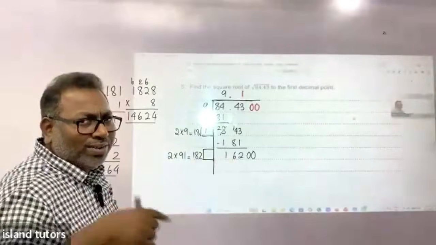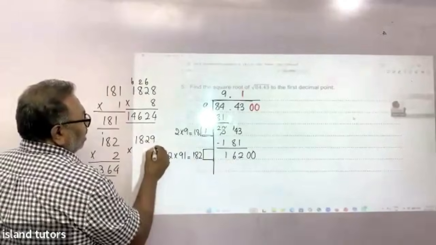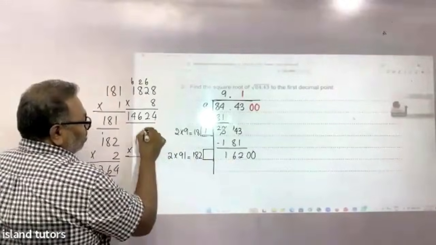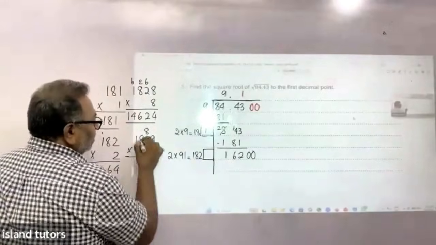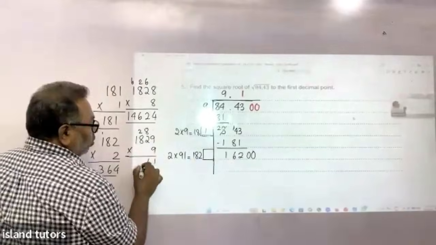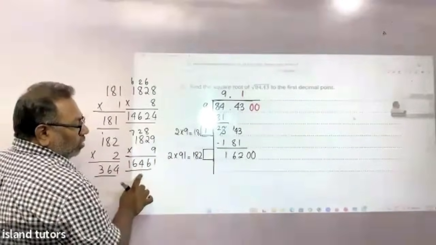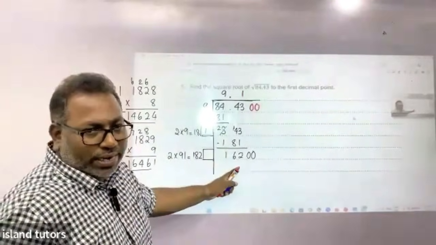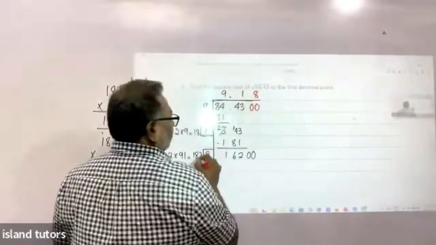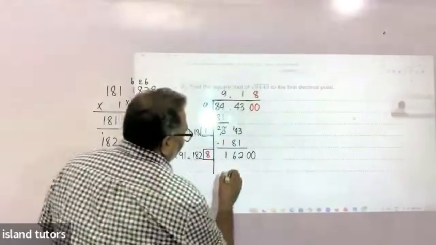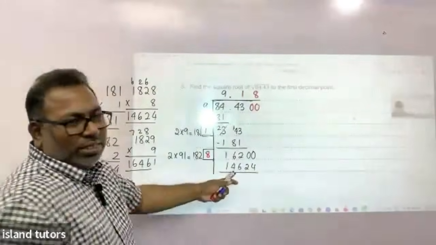Closest, I'll have to check for 9 also. 1829 into 9: 81. 2 into 8, 9 is 18, plus 8 is 26. 72 plus 2 is 74. 16,461. This is more than what we have, so I have to put 8 here. That is going to work out to 14,624. I'm not worried about this balance.